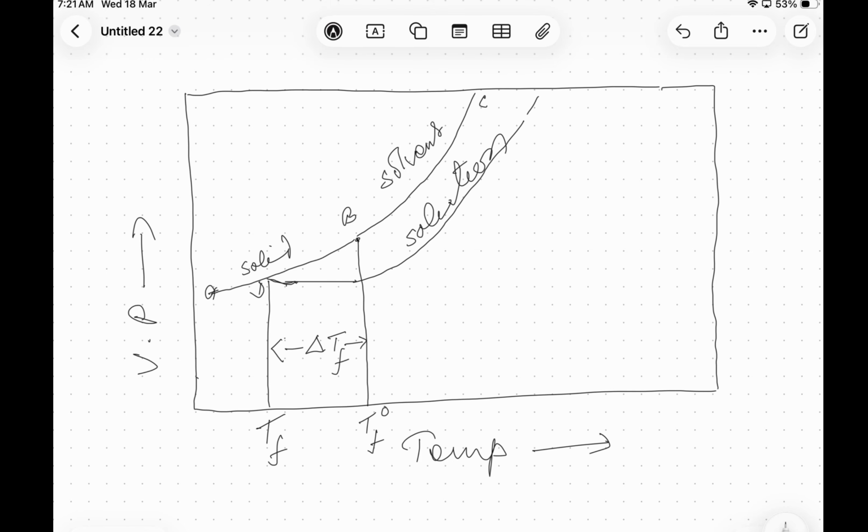The next point is the depression of freezing point.